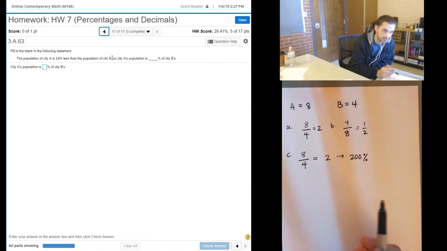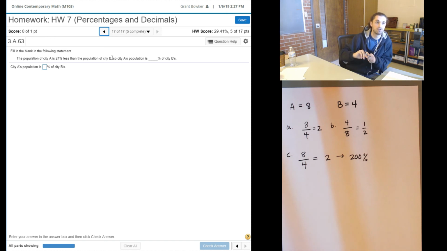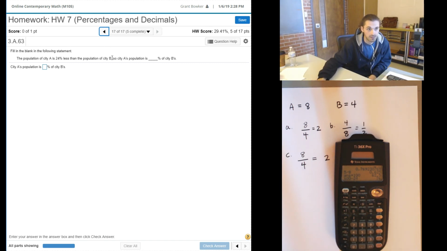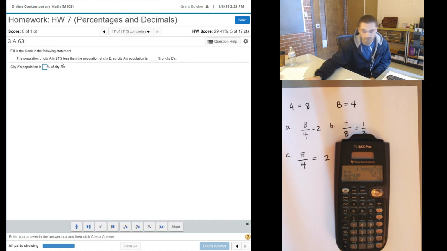So how do you manage with 24%? Well, the population of city A is 24% less than the population of city B. Well, 24% less, 100 minus 24, well, that says you're 76% of city B's population.